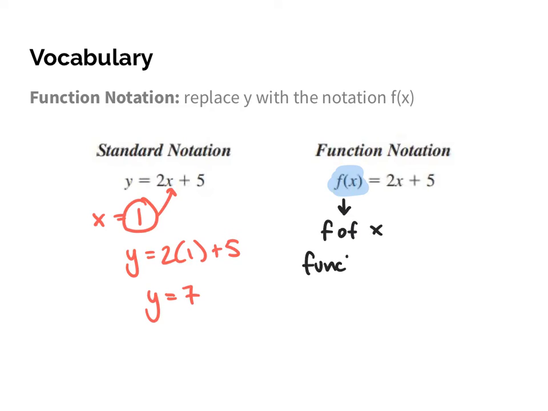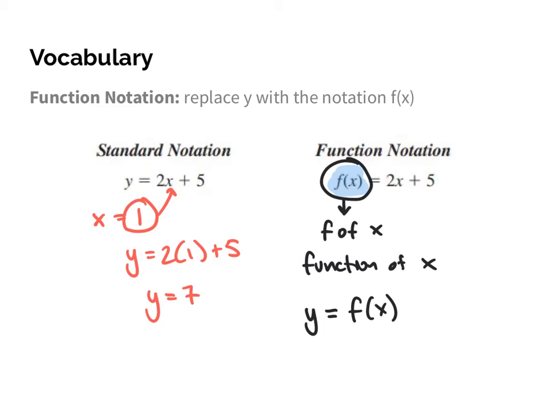It means function of x. Okay, so it's just a different way of writing the function rule. But what this really represents is the output. So think about this: y, the output, is the same thing as f of x. Okay, it's just written a little bit differently.